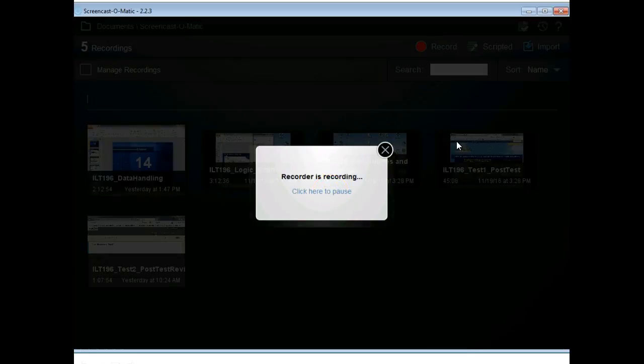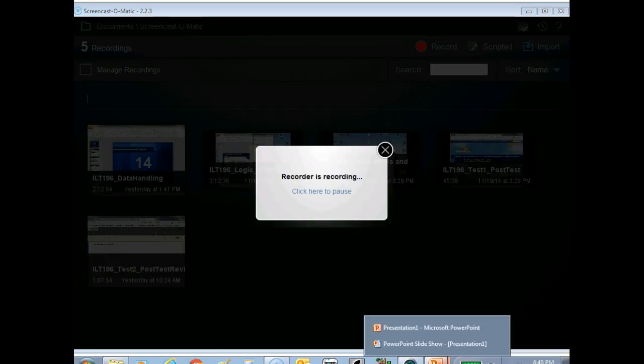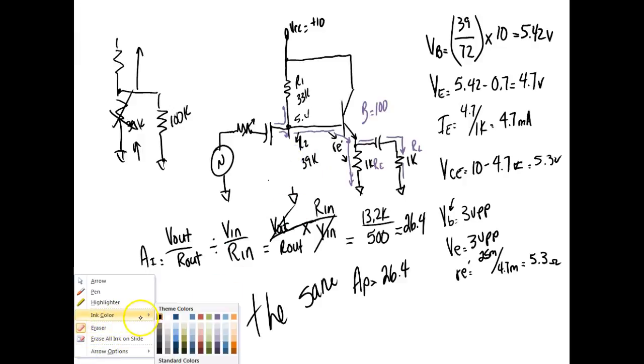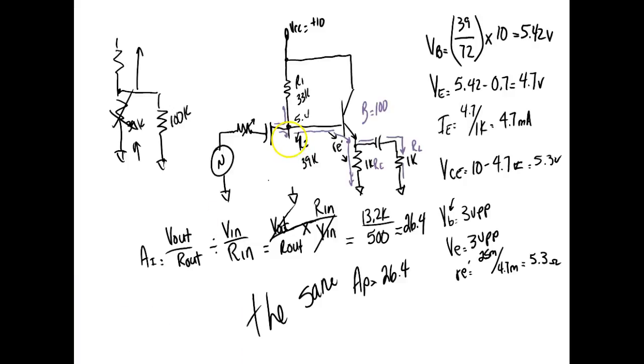Short R1. So I'm just going to come up here and place a jumper around it.